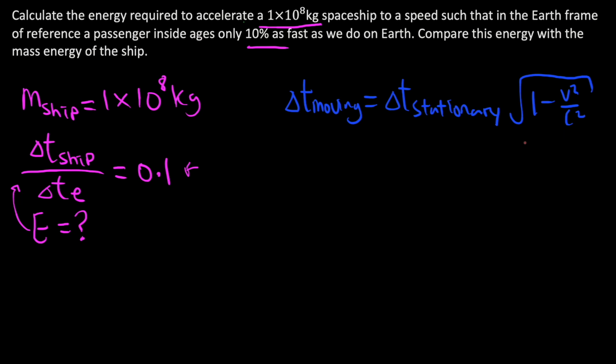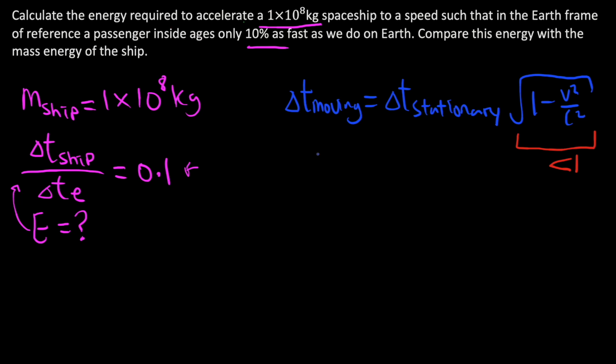And this does make sense because the square root here is always less than 1. By multiplying delta T stationary by a quantity that's less than 1, we are reducing the clock's value, which tells us how the clock in the moving frame of reference runs.